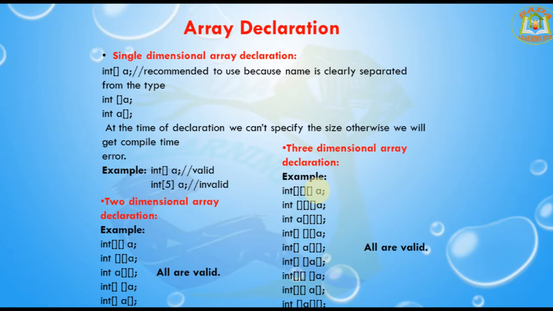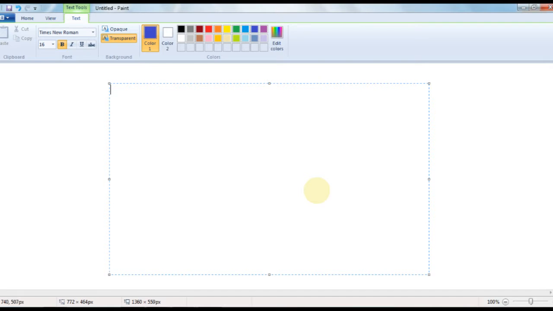For example, I can show int[] a1, b1. It is valid. int[] a2, b2.